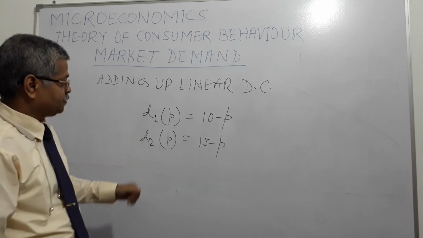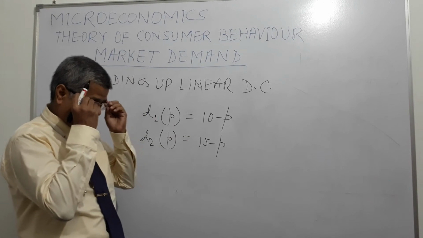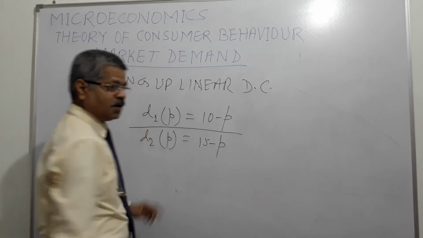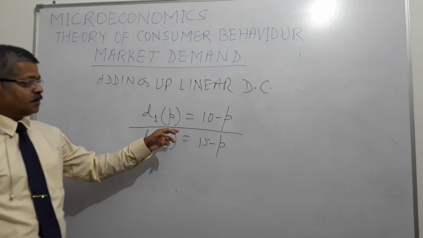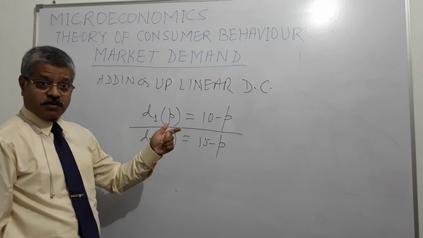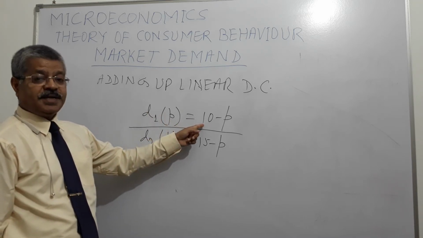Right? So we need to understand what it is. Consumer 1 demands 0 units of the good if the price is more than 10.